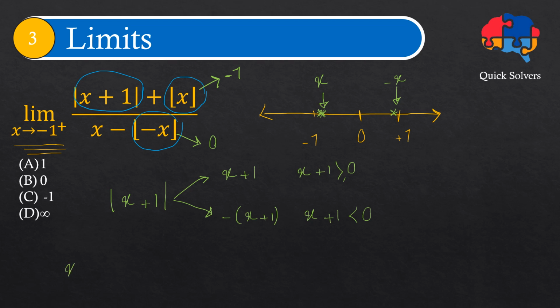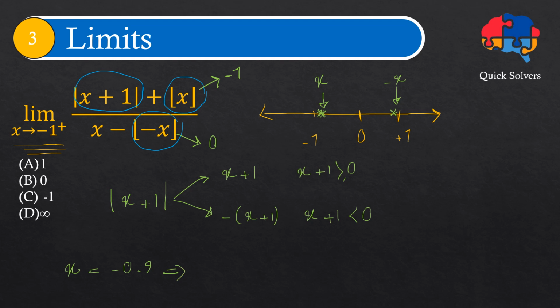Well, we decided that x is something very close to minus 1, but not exactly equal to minus 1, a little bit greater than minus 1. So then x equals minus 0.9999. Okay. Just for the sake of simplicity, let's just assume that x equals -0.9.